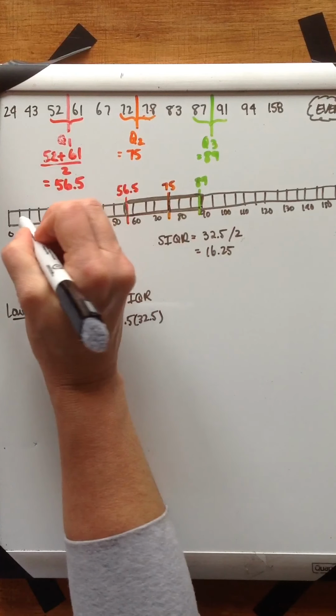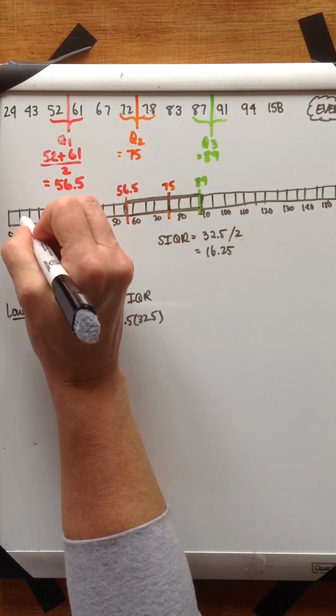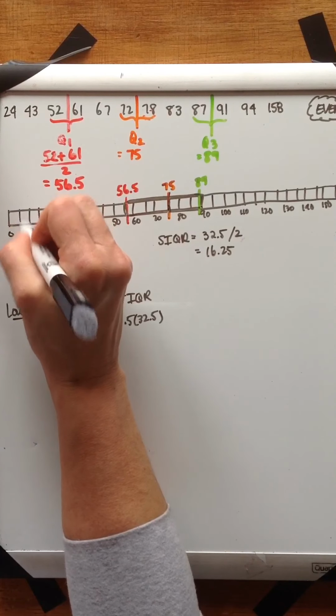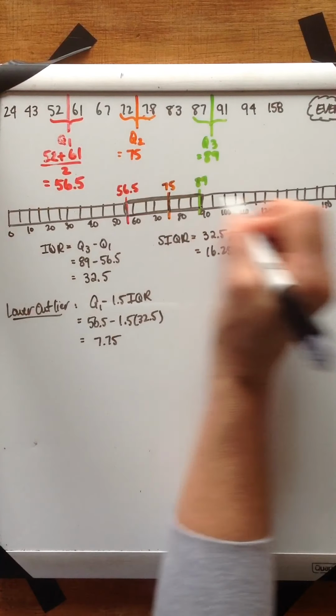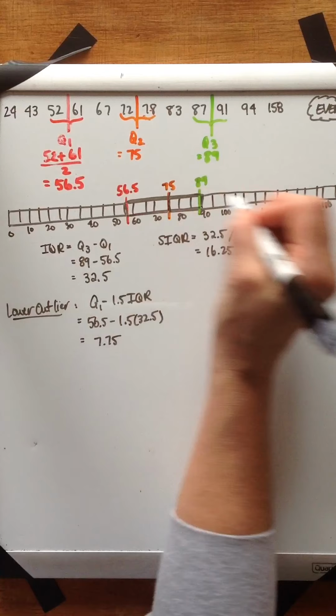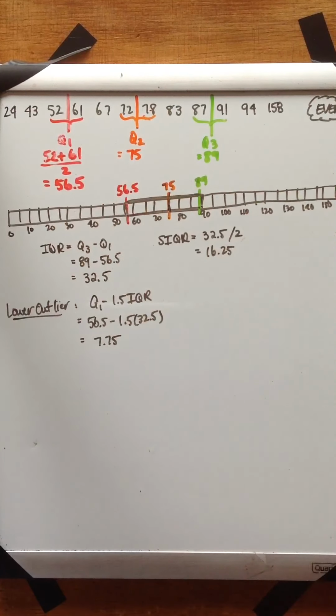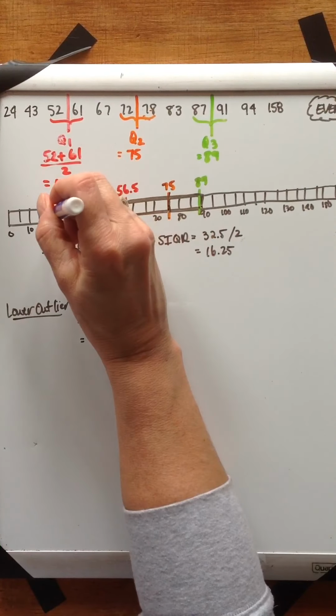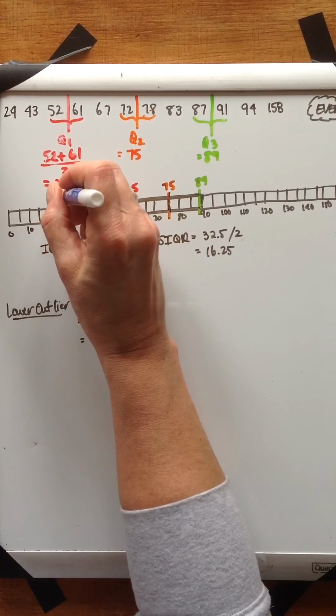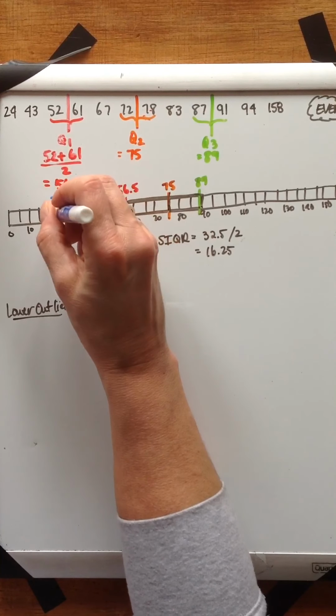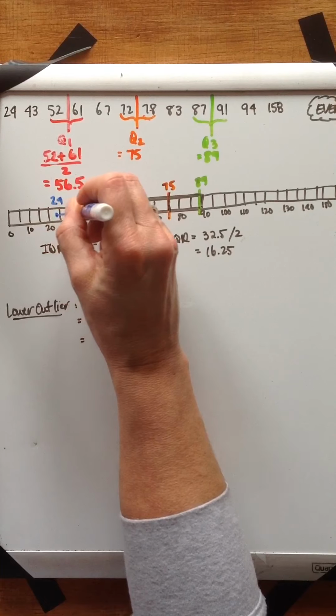So that means 7.75, which would be down here somewhere, is the absolute limit by which the data points can no longer be considered to be part of the set. 24 meets that, no problem. So let's draw in our low range. Let's put 24 right here, and again, if you want to label it, you could. And let's make the whisker at the low end.